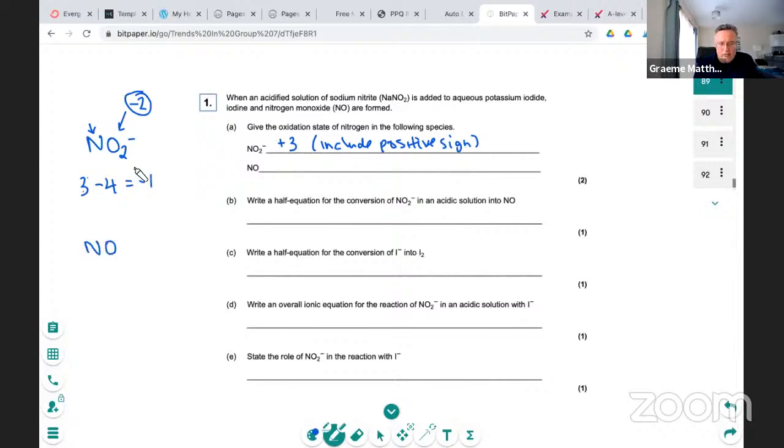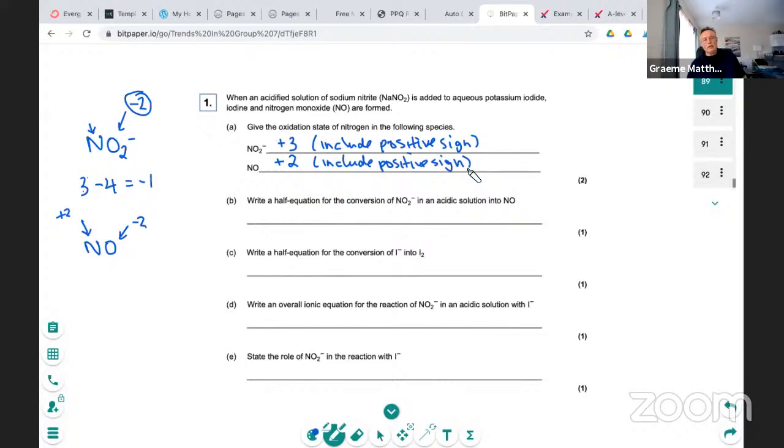NO is neutral, and oxygen is -2, so therefore nitrogen again would be +2. So my hint is please include the positive sign. I know they're being a bit silly with the mark scheme, but it is what it is.